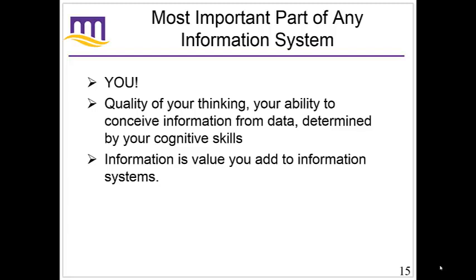And we're going to come back in the next chapter and talk a lot more about how a business can create value. One thing about the way the book describes it is I think they miss some of the big picture, which I'm going to hopefully tie back in so you can see how that all relates to each other. But information is value you add to information systems.